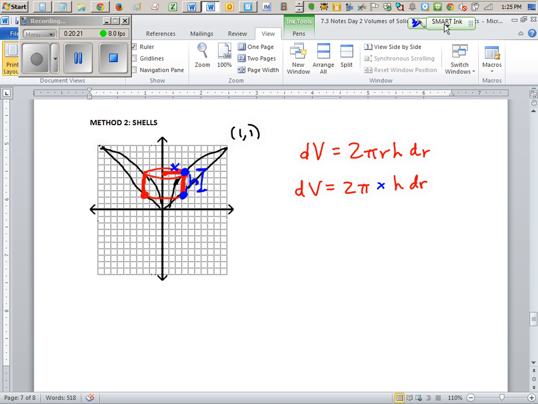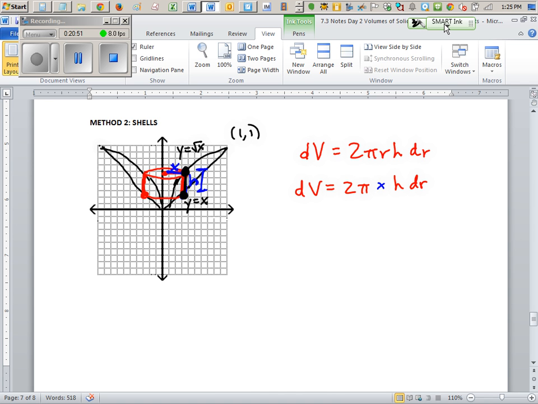Now, I guess I could put delta y, but I don't want too many variables here. I've got an x already. Why not treat this point as a y value of root x, and this point as a y value of x? So I'll write that down. The topmost point here is at y equals root x, and the bottommost point is at y equals x.